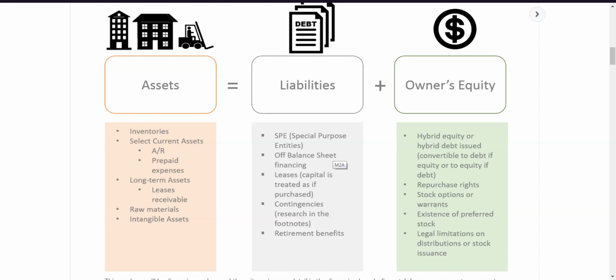And then of course contingencies like legal contingencies. Legal contingencies are especially important because the probability of a lawsuit or a settlement, some sort of legal matter, is really the opinion of general counsel or management.